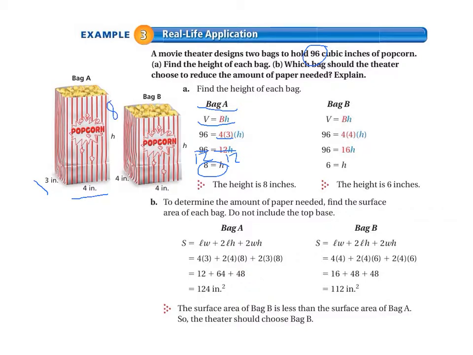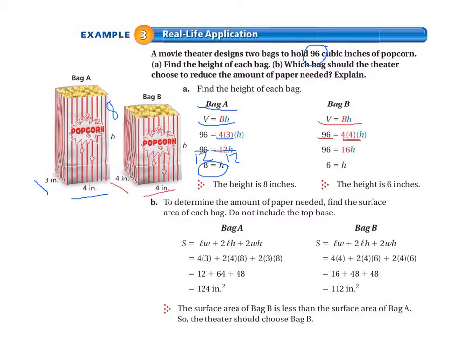Bag B, same formula, volume equals base times height, and it says both of the bags hold 96 cubic inches. So there's a 96 here, and we look at our base and we see it's 4 times 4, and we're trying to find the height.